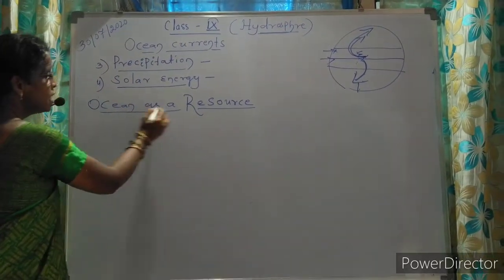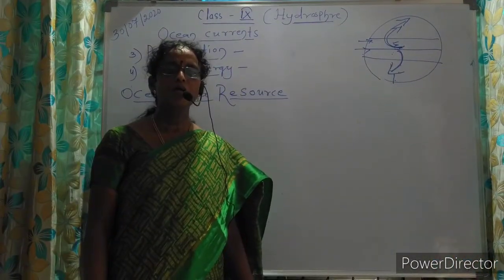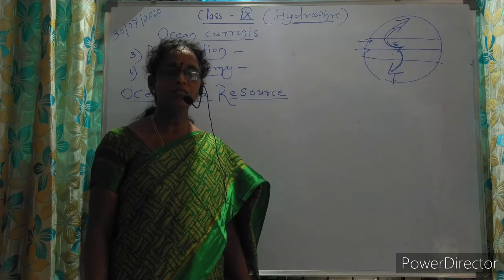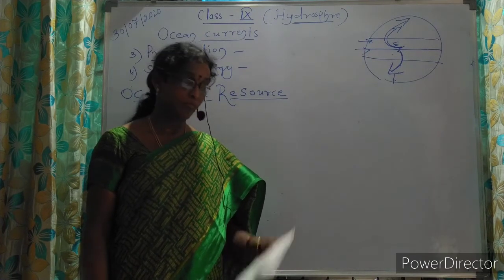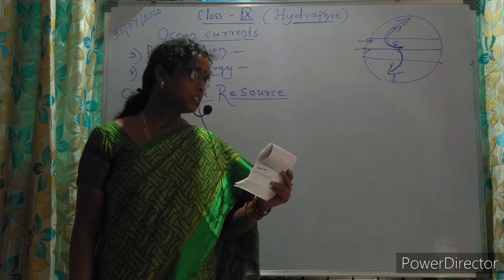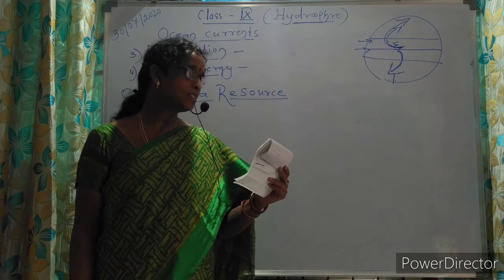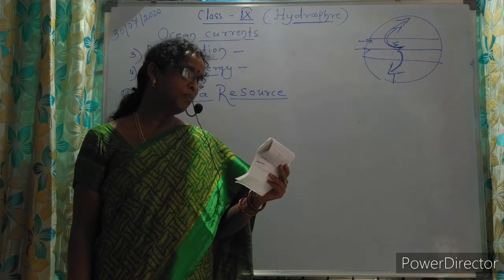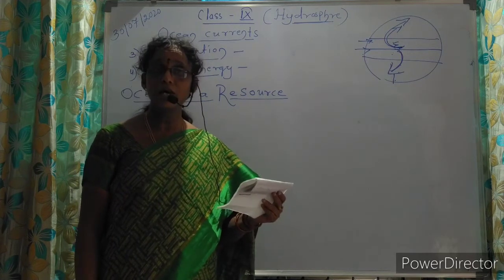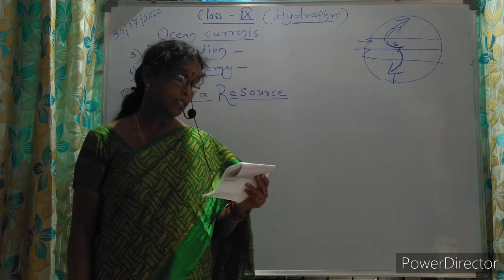Next one is ocean as a resource. Now I would like to read out some points related to ocean resources. The ocean is one of the Earth's valuable resources. Ocean resources provide jobs, goods and services for billions of people around the world and have immense economic importance.